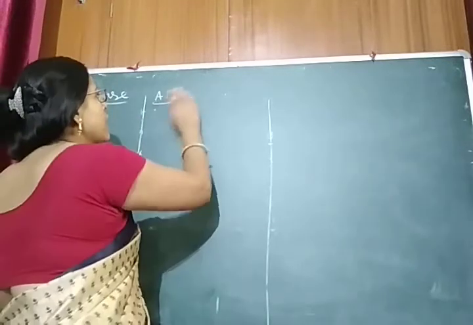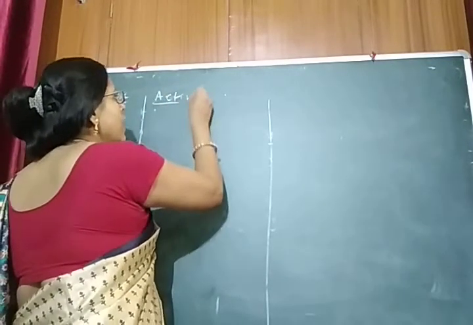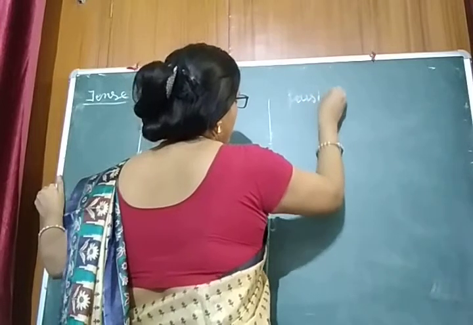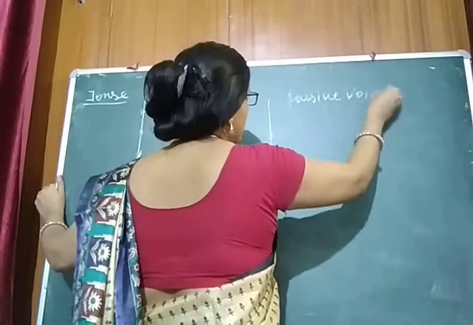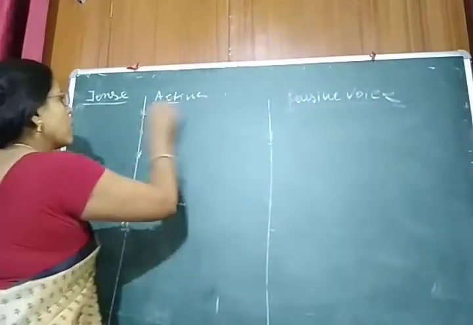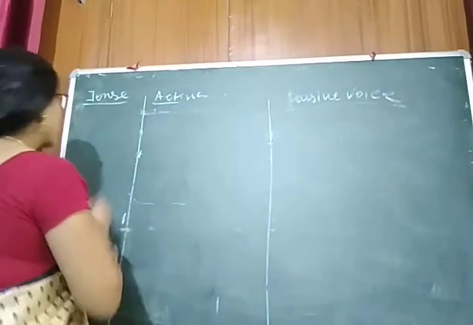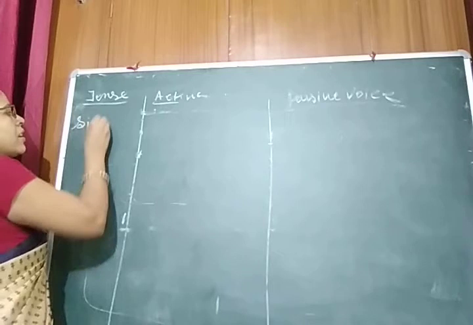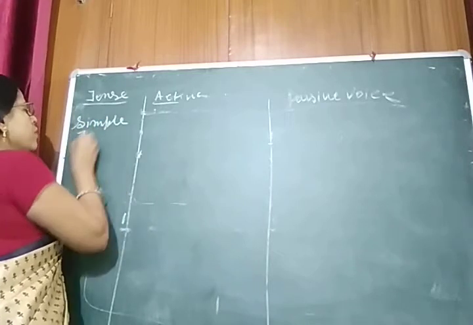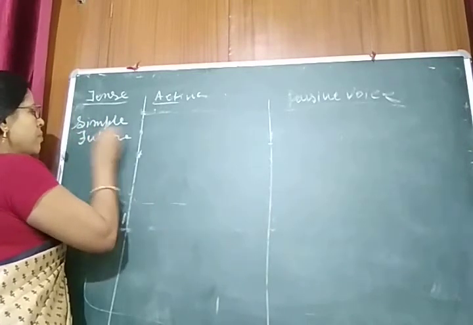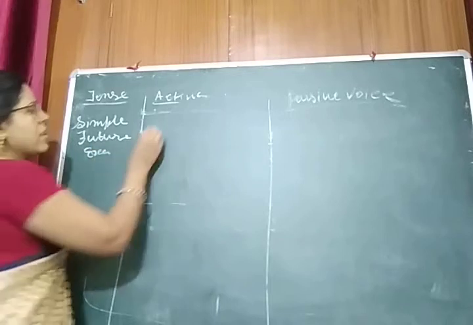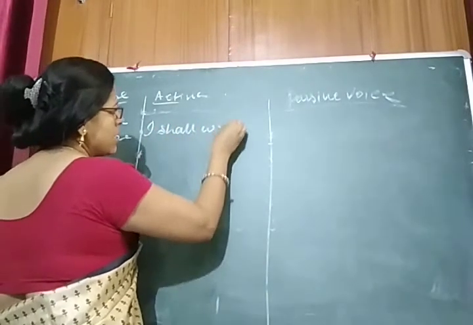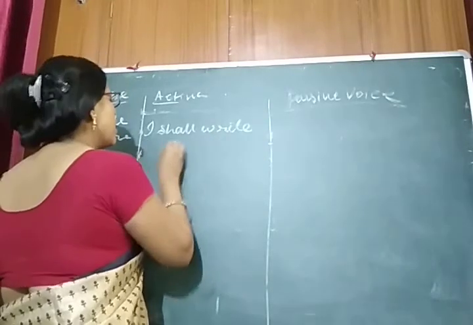So this is active voice and this is passive voice. Here the sentence is simple future. Simple future tense example. All right. I shall write a letter.